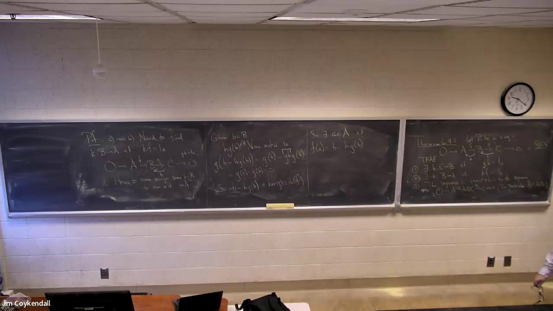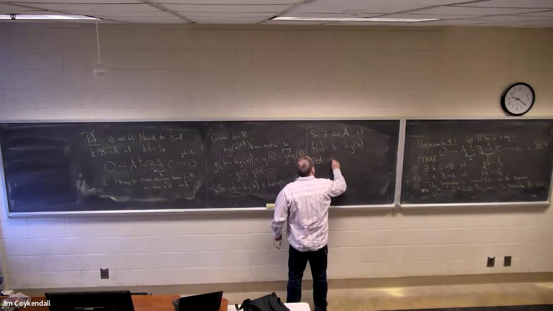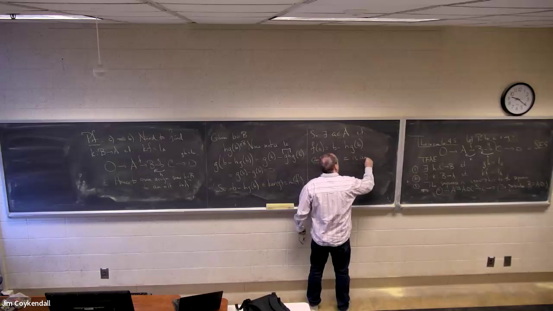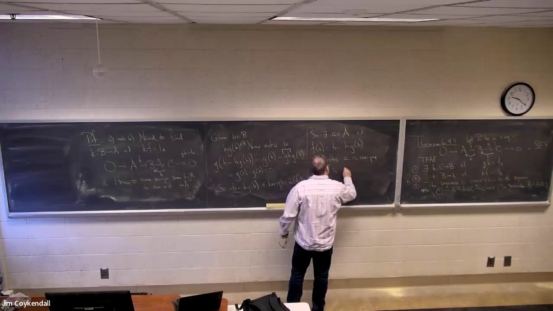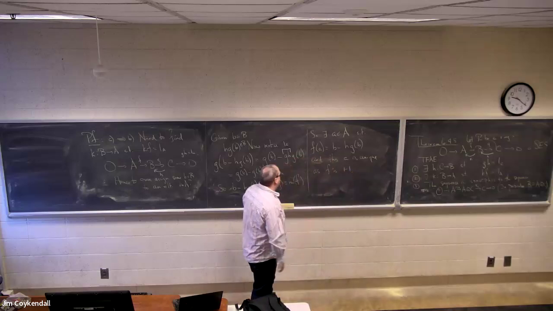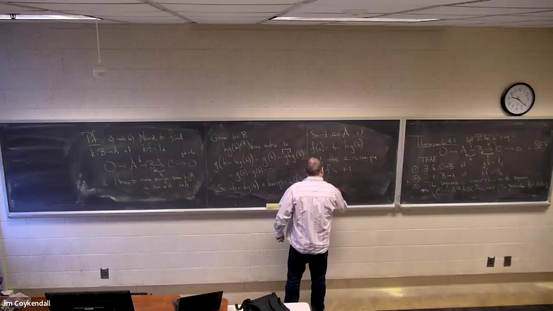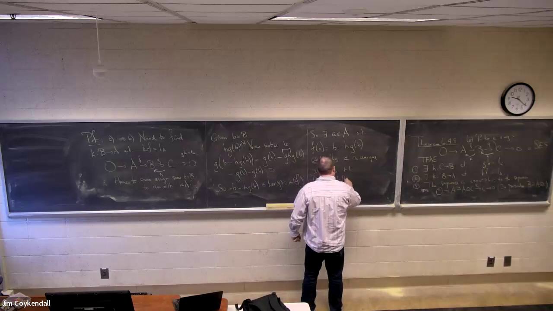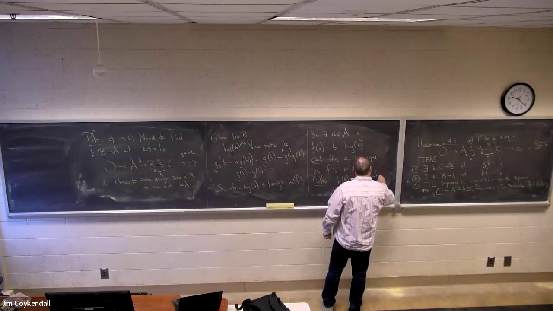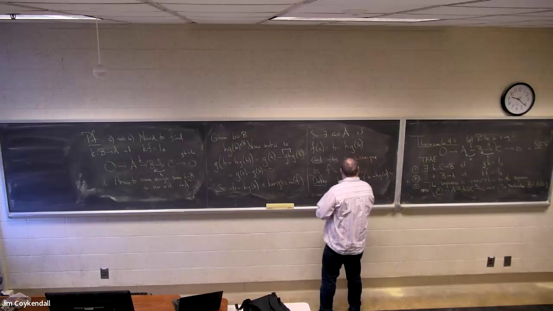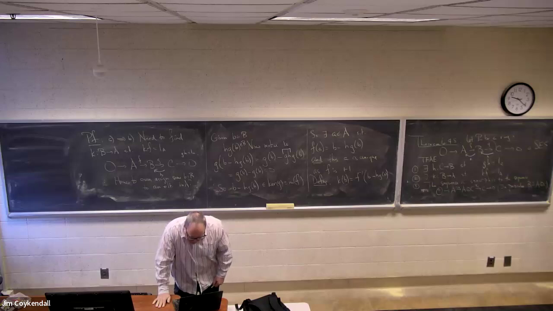There's only one of them, right? So I'm going to define K of B to be the F inverse of B minus HGB. So I'm actually going to define my K that way.